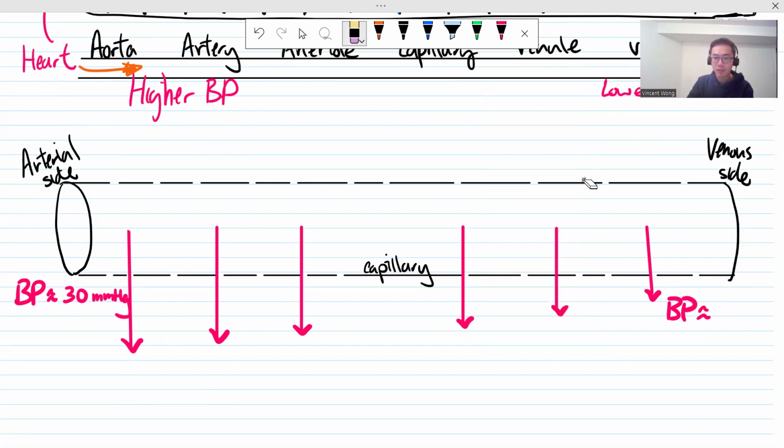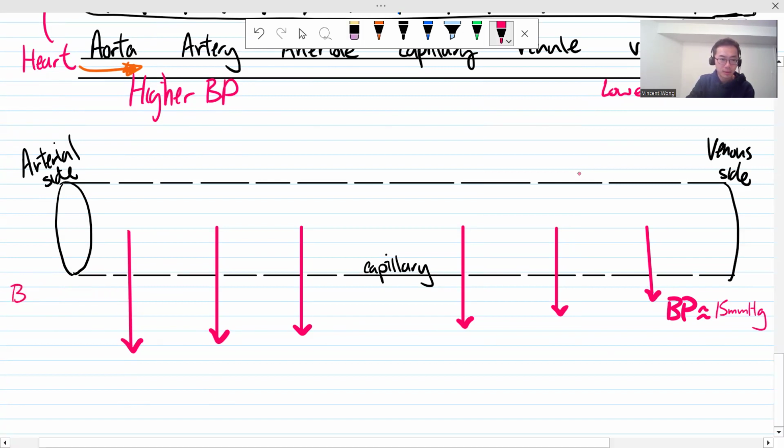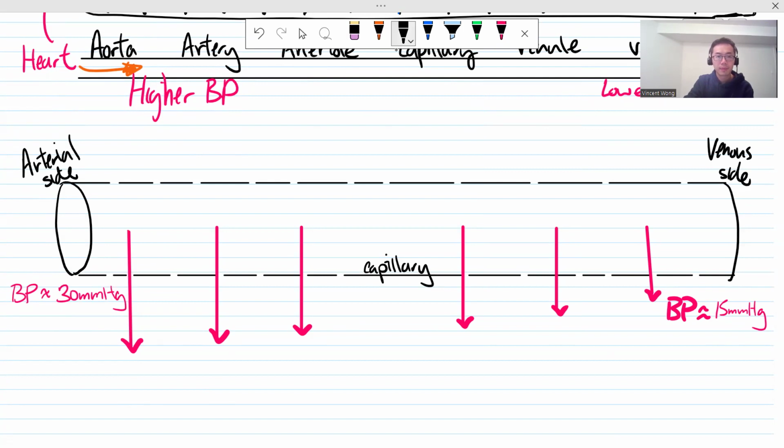Don't need to memorize the numbers, okay? I just need to tell you the numbers so I can explain something else to you in a bit. mm is millimeter, right? And Hg as in from the periodic table, mercury.